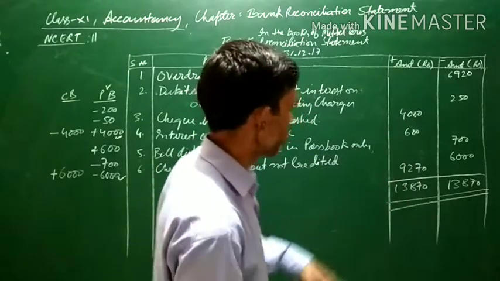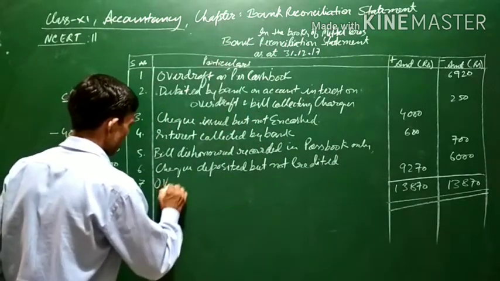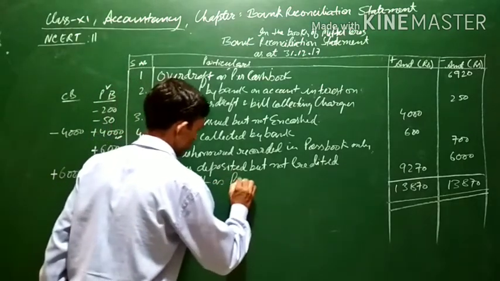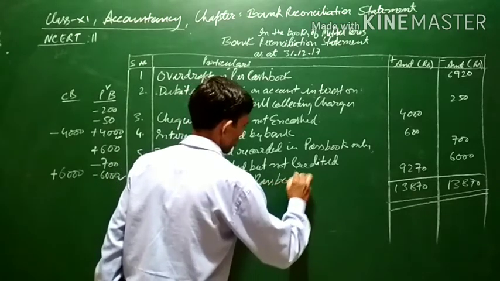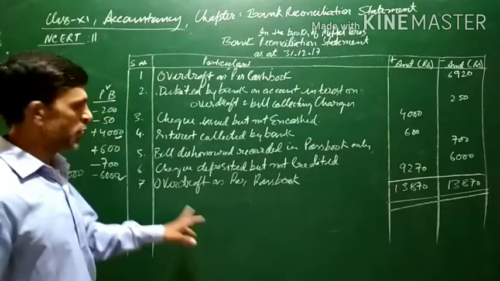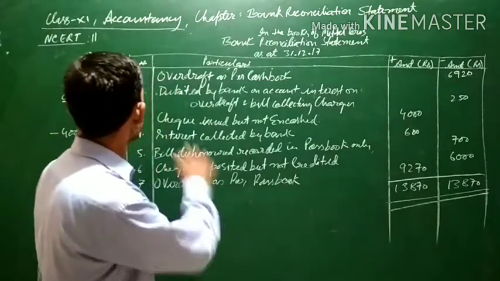So this will be shown as overdraft as per passbook. This balance is an overdraft as per passbook, or you can also write debit balance as per passbook. So this is question number 11.